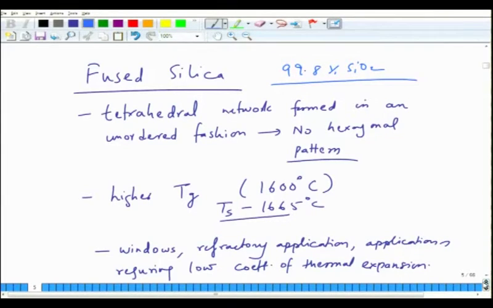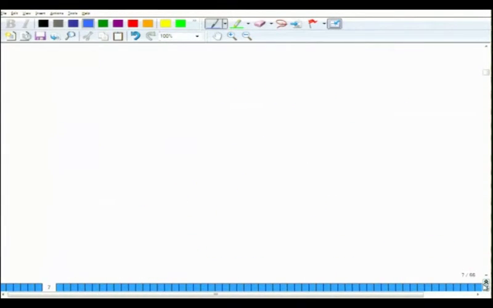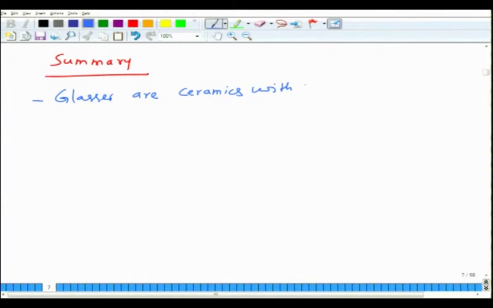So, in summary you can say that glasses are ceramics with lack of long range periodicity.